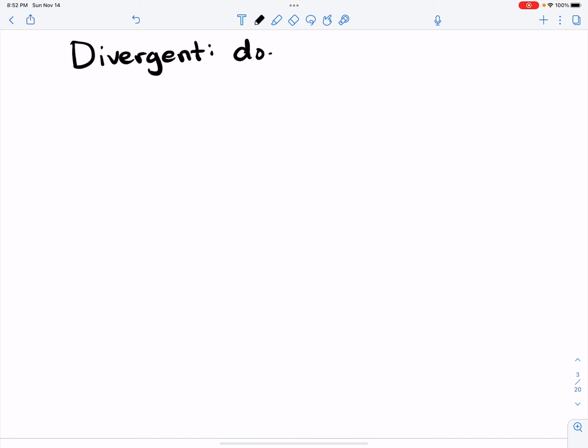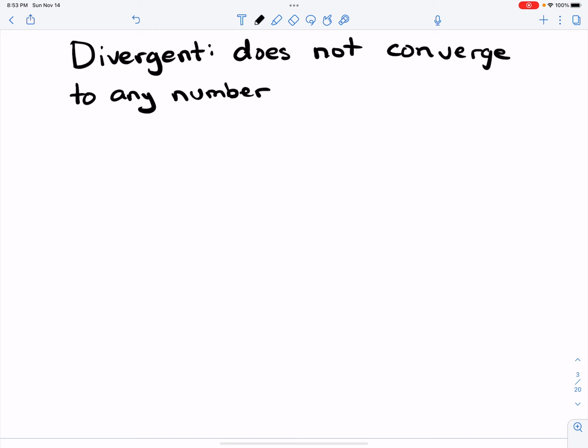If a sequence is divergent, it does not converge to any number. So the example is like, what if a sub n equals n squared?